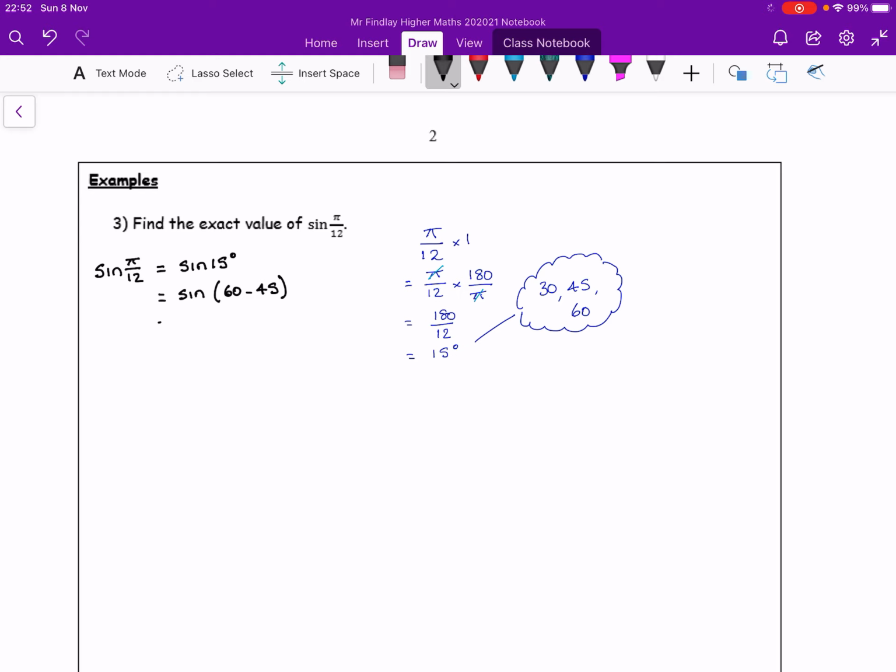I'm now ready for my expansion. I have sine 60 cos 45 minus cos 60 sine 45, straight from my expansion.